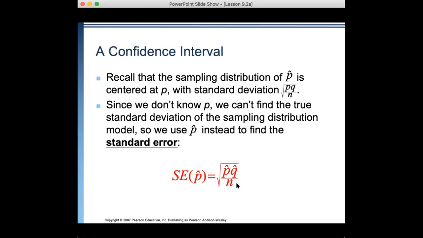What we call this is the standard error. The reason we call it the standard error is not that we made a mistake, it's just that there's some margin of error that could be there, since p hat isn't always equal to p itself. So when we talk about standard error, this is what we're talking about.